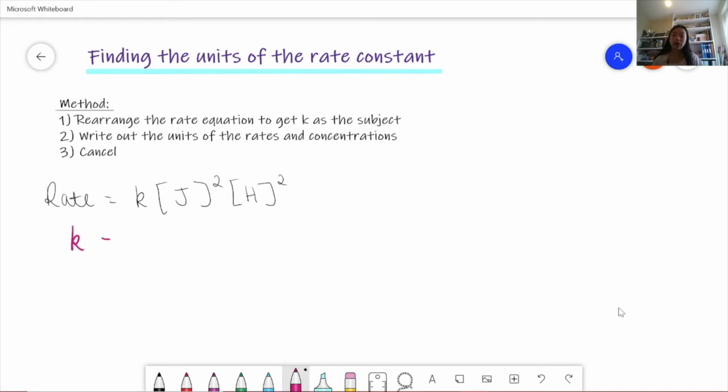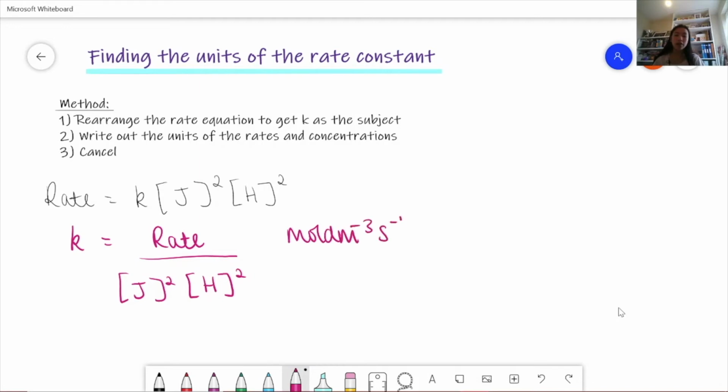So we would have K equals rate over the concentration of J squared multiplied by the concentration of H squared, and then write out the units. So rate is concentration per unit time. So therefore the rate units are moles per decimeters cubed per second.